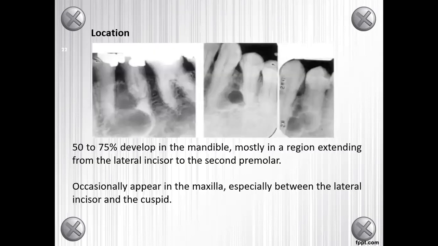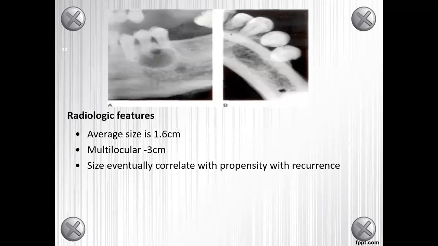It is more commonly seen in the mandible, especially in the premolar and lateral incisor area. Occasionally it appears in the maxilla, especially between the lateral incisors and cuspids. Average size is 1.6 centimeters, and size correlates with the propensity for recurrence.